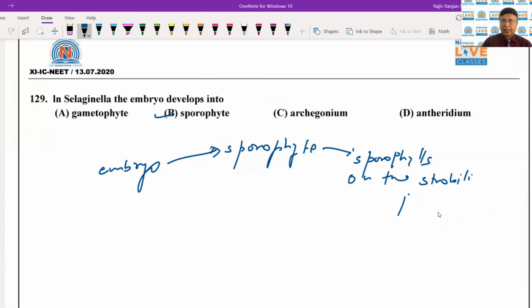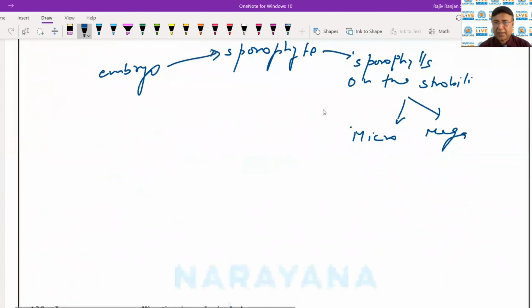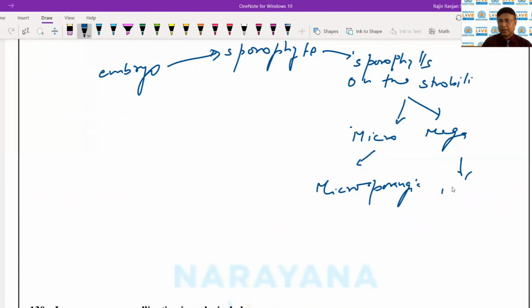So two types are there, male and female, the micro and mega. They produce the respective sporangia. So here, microsporangia and megasporangia.